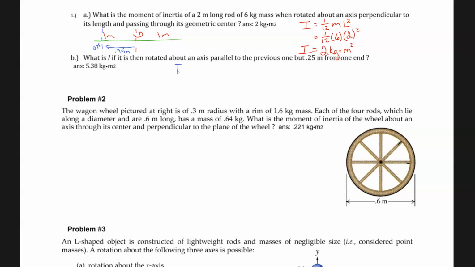So my new equation, if I use the parallel axis theorem, is going to be that 2 plus md squared. So I have 2 plus 6 times 0.75 quantity squared. So that's going to give me 5.375 kilograms meters squared.